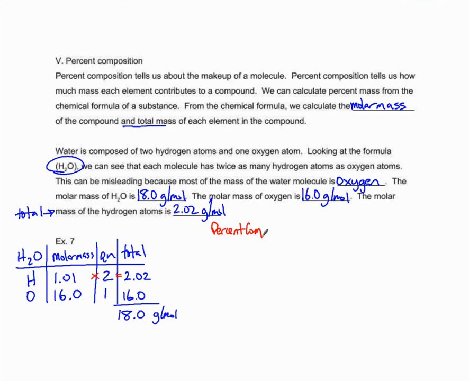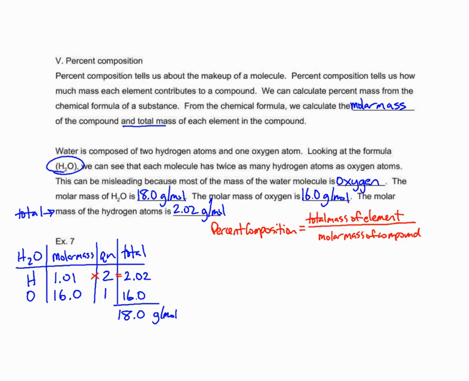Percent composition for a specific element is the total mass of the element divided by the molar mass of the compound.